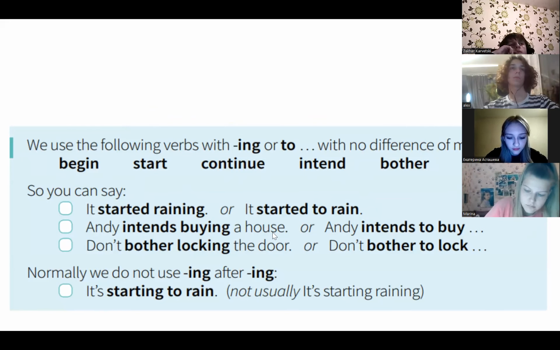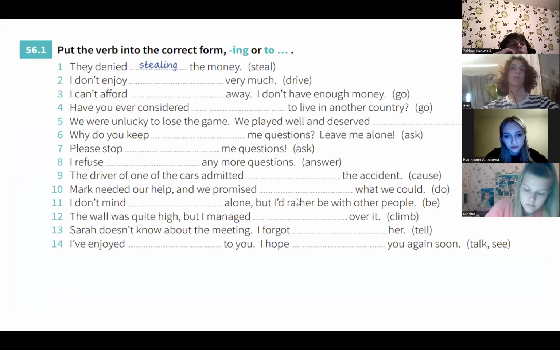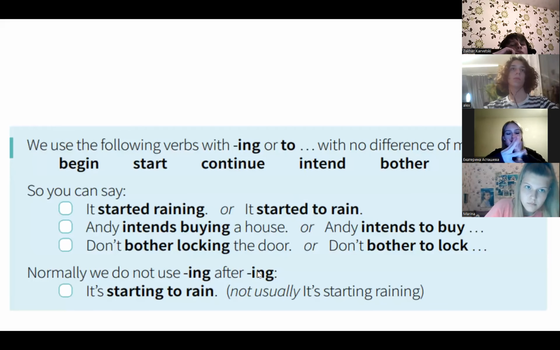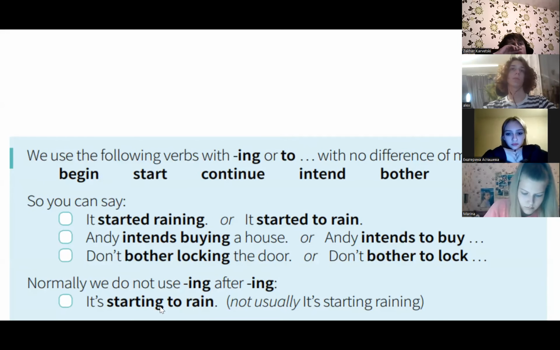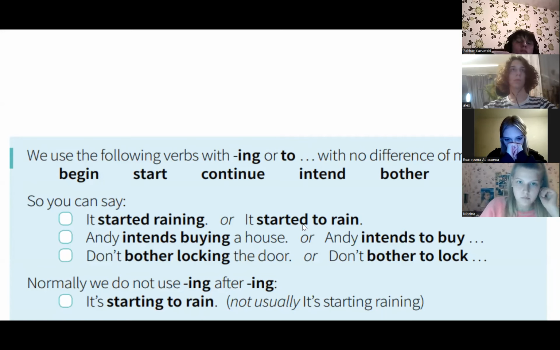Don't bother locking the door, don't bother to lock the door. So, but we do not usually, as I said, use ing after ing. So you can't say it's starting raining. You would say it's starting to rain. All right, now let's do the exercise and see whether you feel this right, whether you understand how to do.